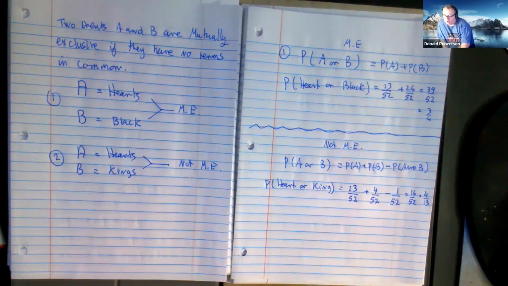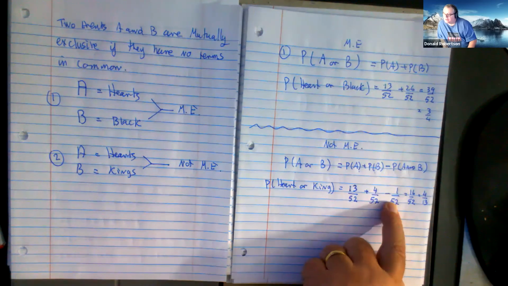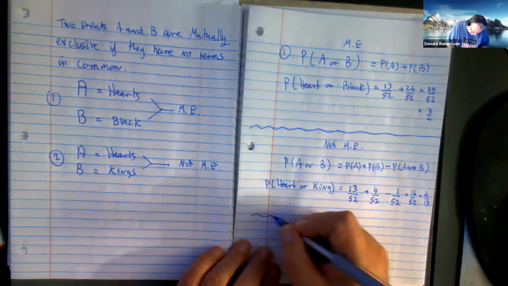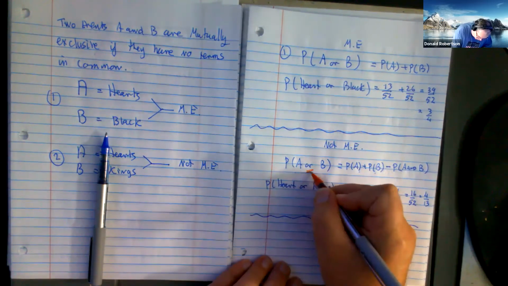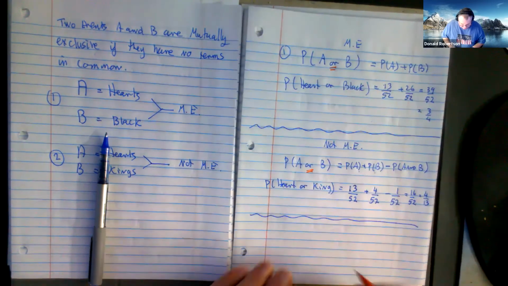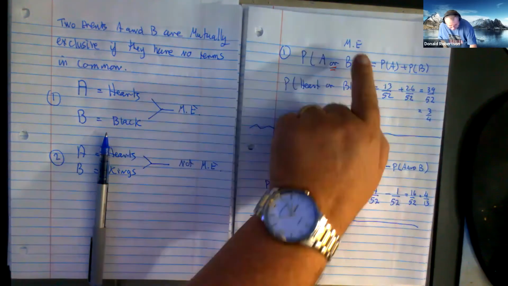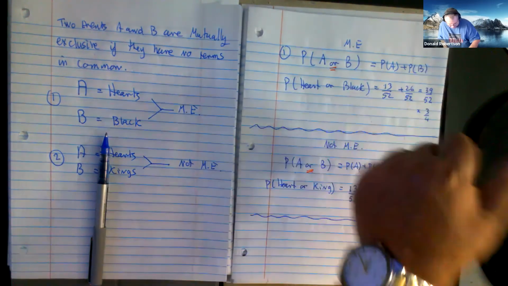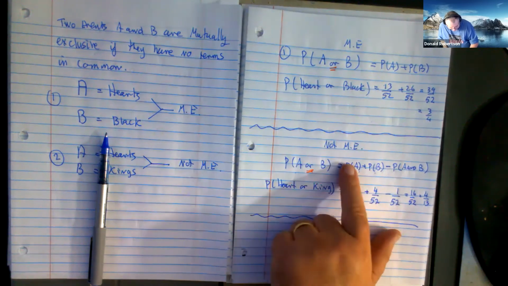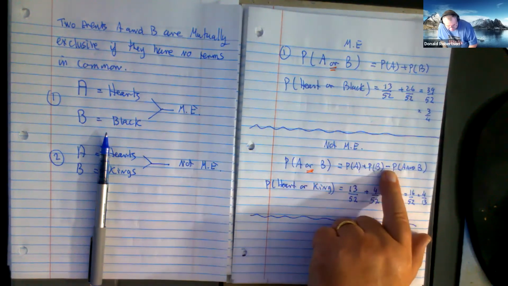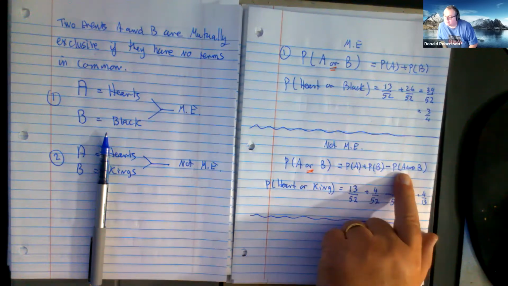Wouldn't the answer be 1 card out of 52? You see where the AND is coming from. So when you are calculating ORs, question where it's A or B. If they're mutually exclusive, just add them together and you're good. If it's not mutually exclusive, add them together and then subtract the both, right?